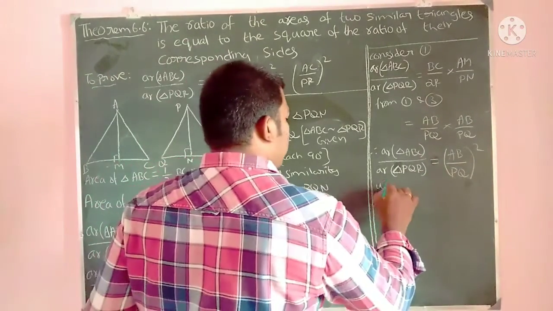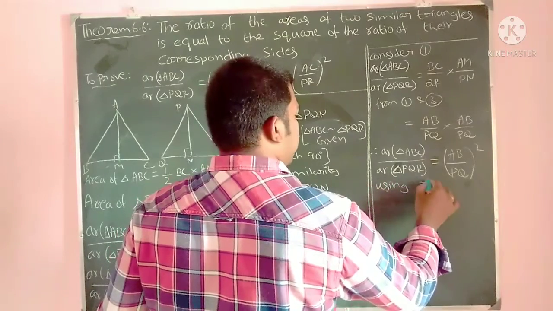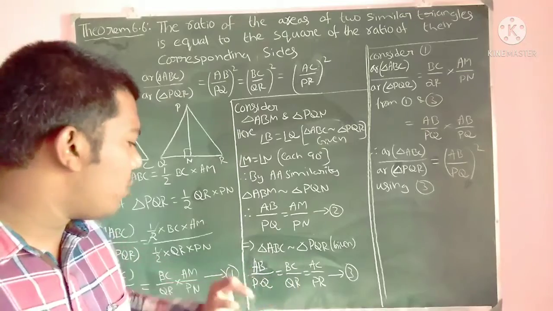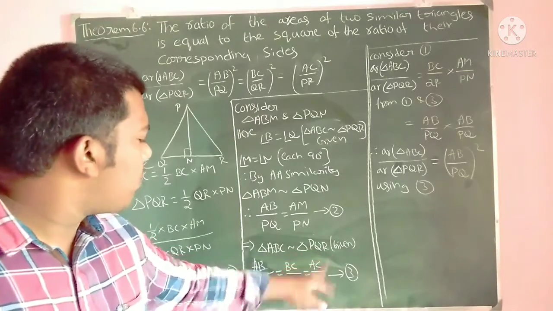So area of triangle ABC by area of triangle PQR, we got now AB by PQ square. Now using 3. What is 3 here? AB by PQ means we can write BC by QR, and we can write AC by PR also.